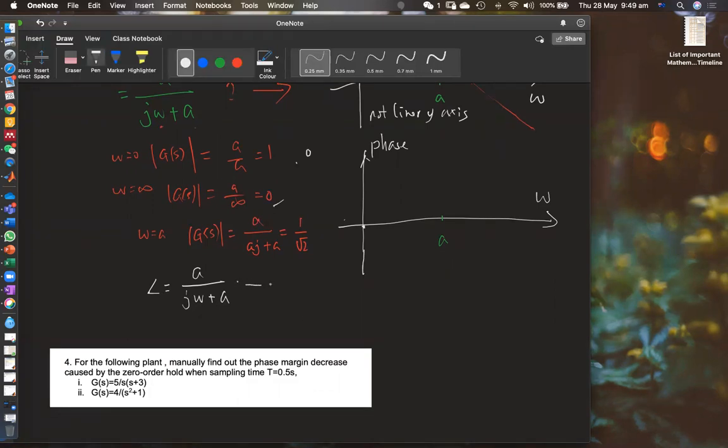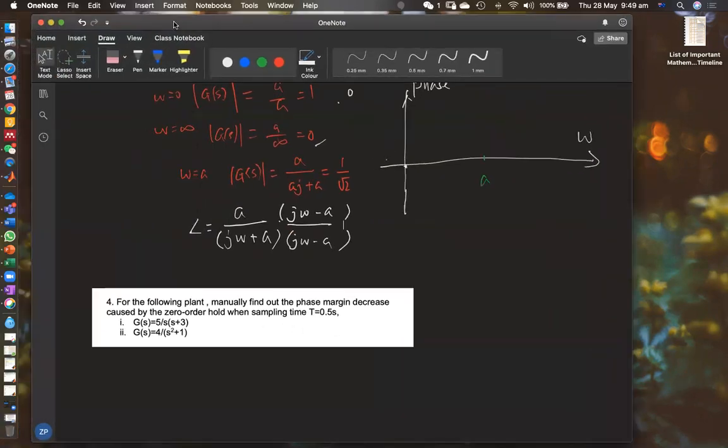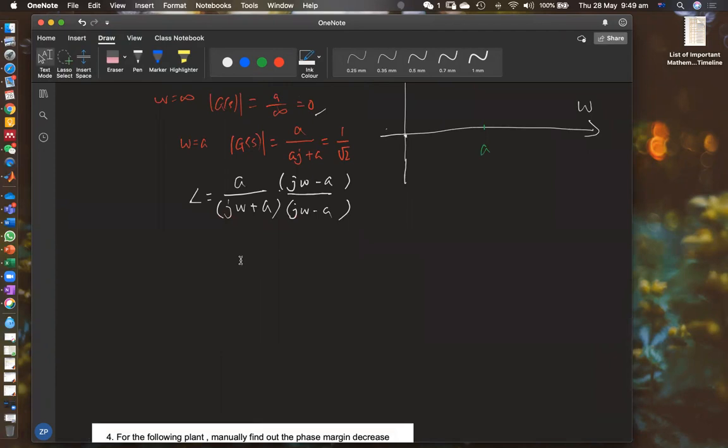We multiply the top and the bottom with J omega minus A. All right, so what this gives us at the bottom is, we have J square equal to -1.